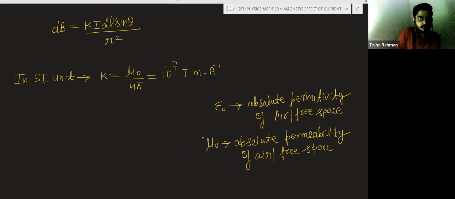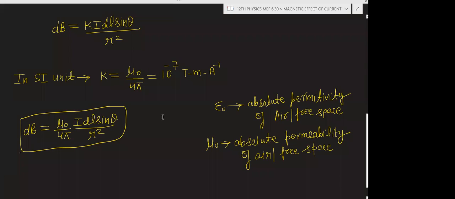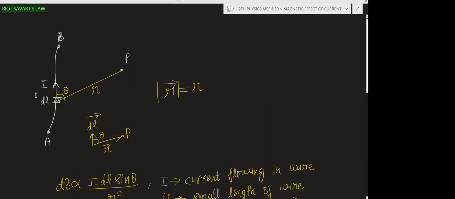So finally, your formula will become dB is equal to mu naught divided by 4 pi, I dl sine theta divided by r square. So this is the formula for the magnetic field at a point due to a small element of the wire.